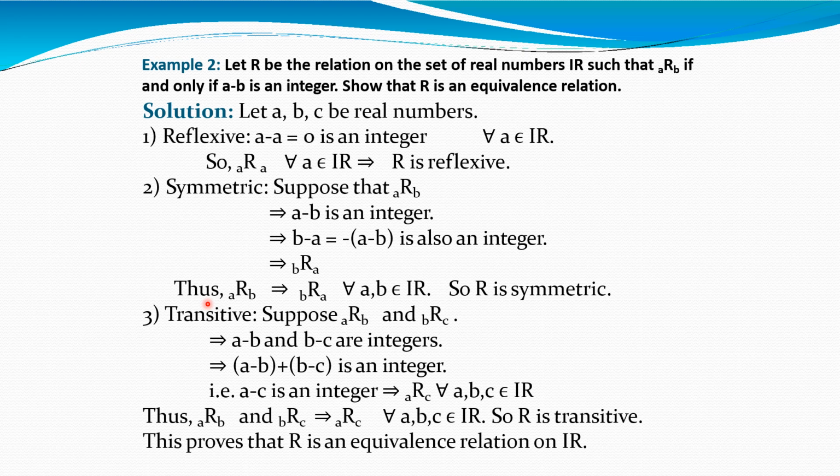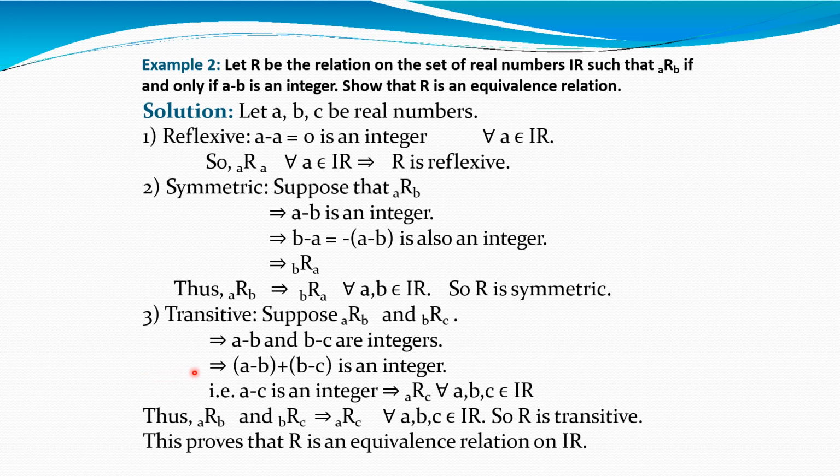Hence, R is symmetric. Now, the third is transitive relation. Suppose a, b, c are three real numbers such that a related to b and b related to c. Now, by using definition of relation, we get a minus b and b minus c are integers. Now, we have to show a related to c. That means a minus c is an integer. Now, see, as a minus b and b minus c are integers, their addition is again an integer.